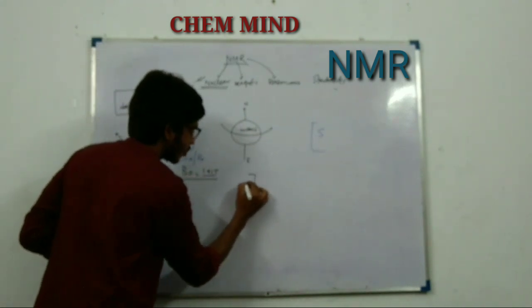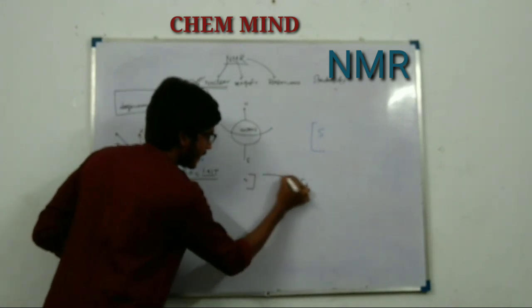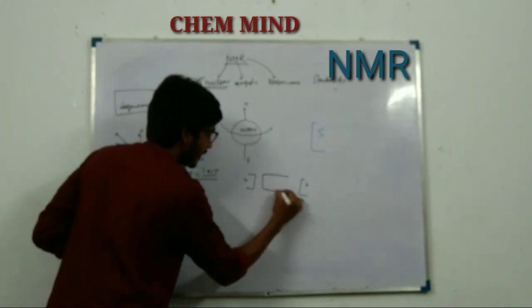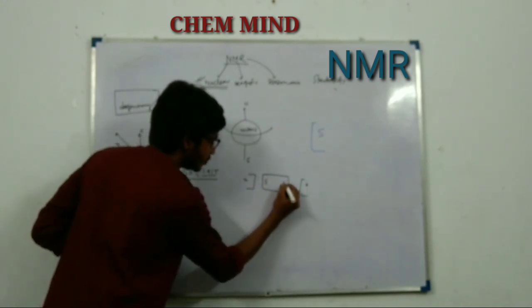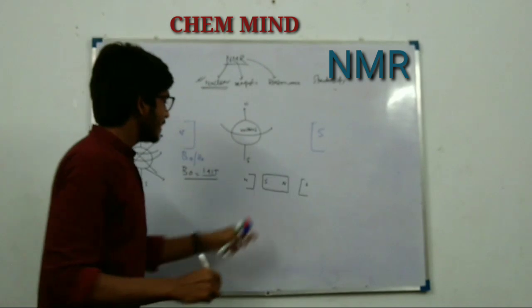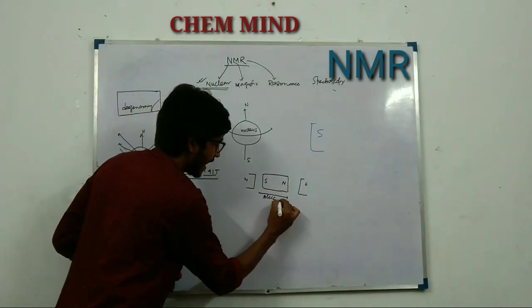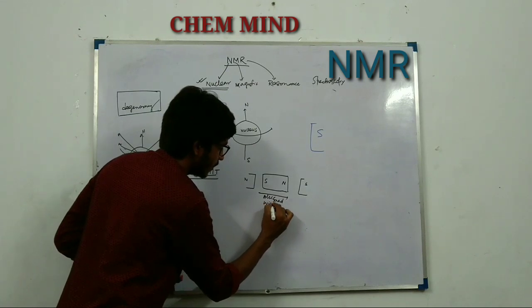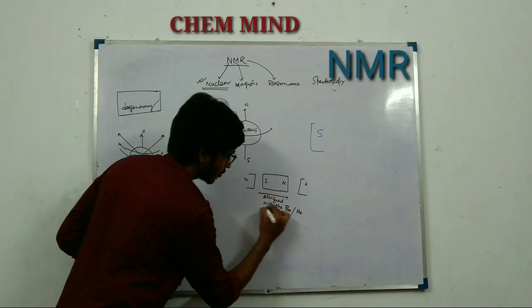This is the north pole, this is the south pole, and the nucleus is trying to align in this position. So we say that this nucleus is aligned with B naught or H naught.